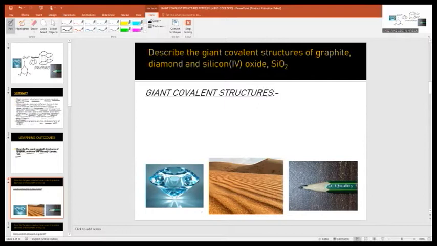From the left-hand side, diamond. This is sand, or silicon(IV) oxide. This one is a pencil, which contains graphite.